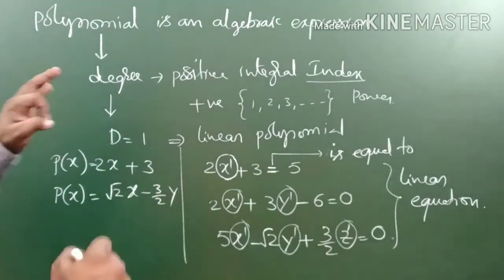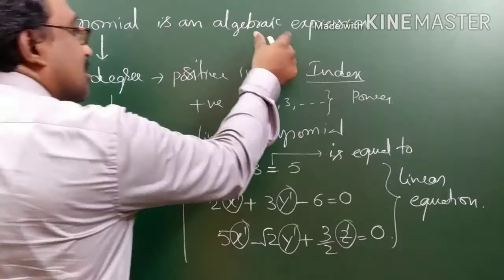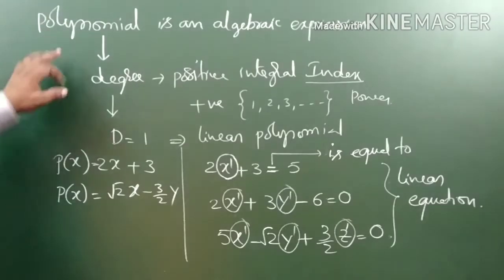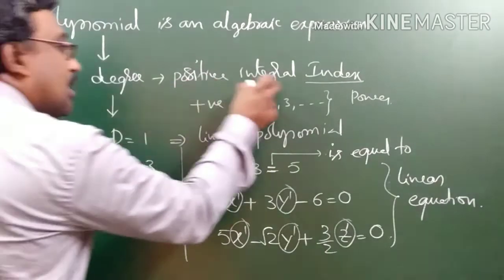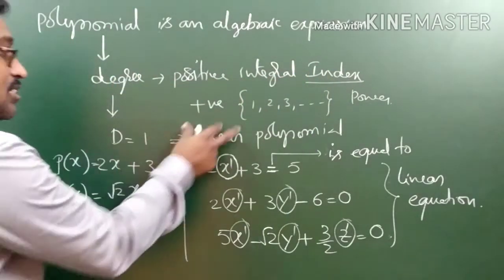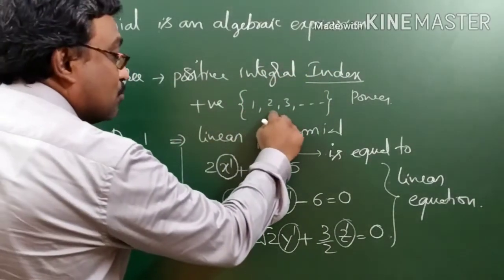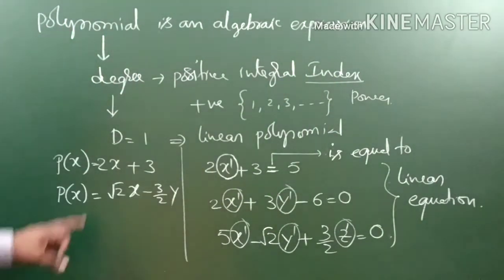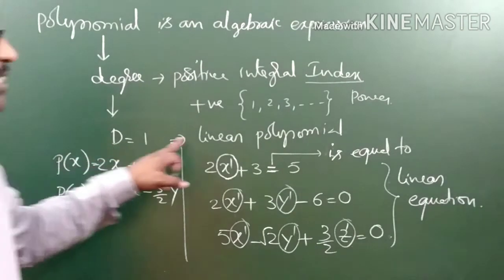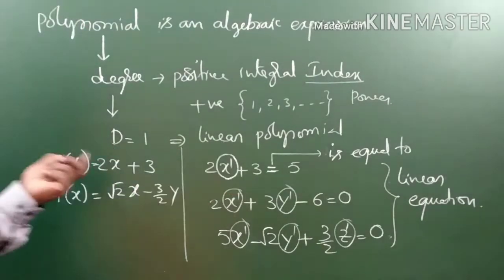So a polynomial is an algebraic expression. In a polynomial, what is meant by degree? Positive integral index, that means positive integers 1, 2, 3, 4 and so on should be the powers. If the degree is 1, it is called a linear polynomial, like 2x plus 3.